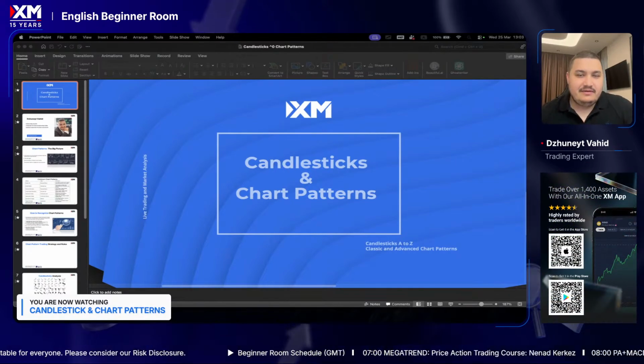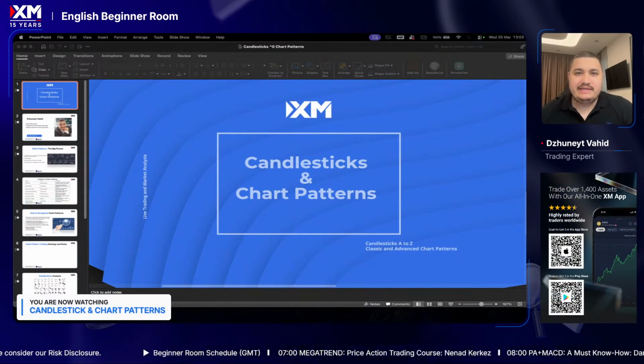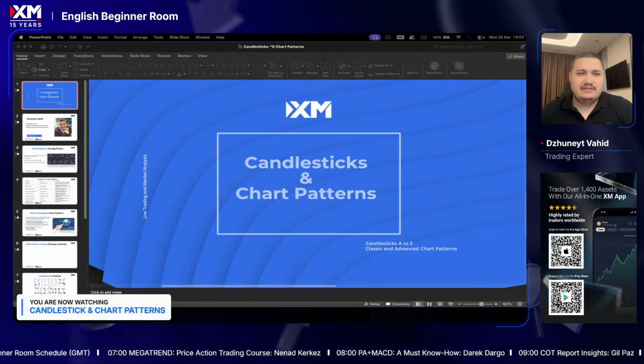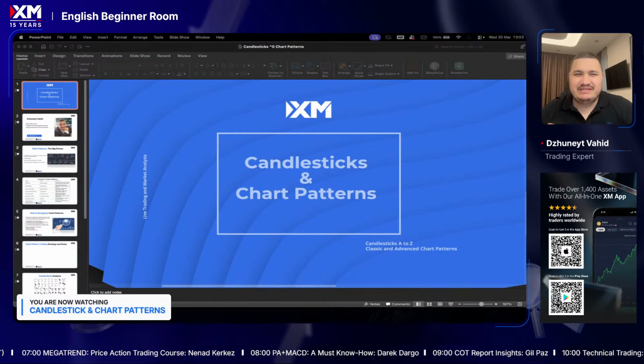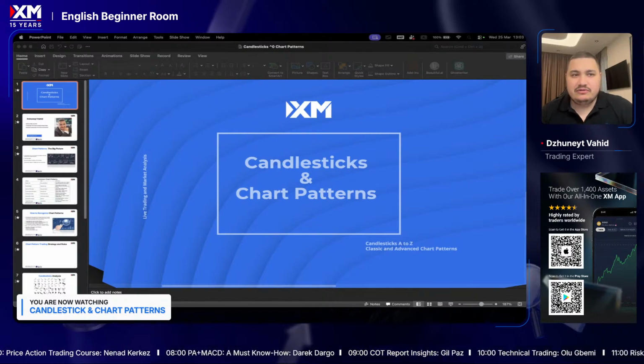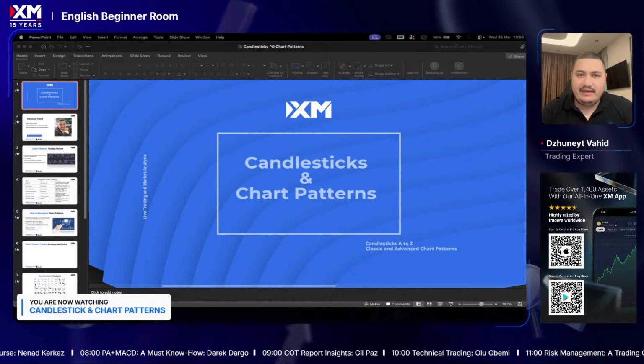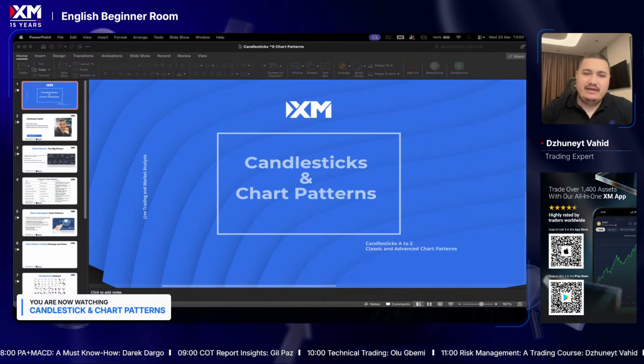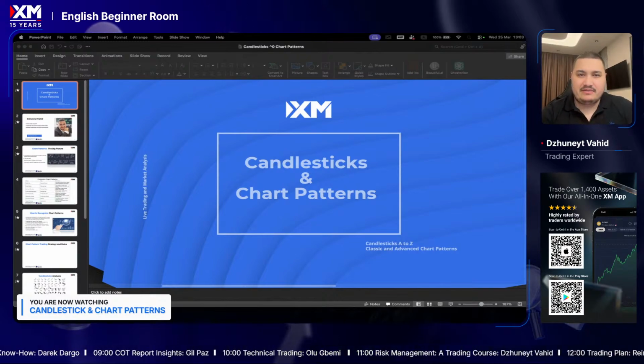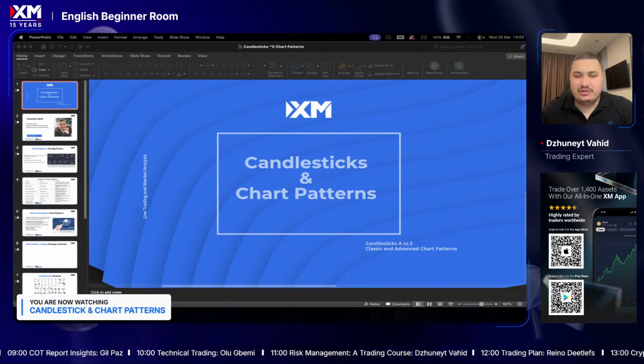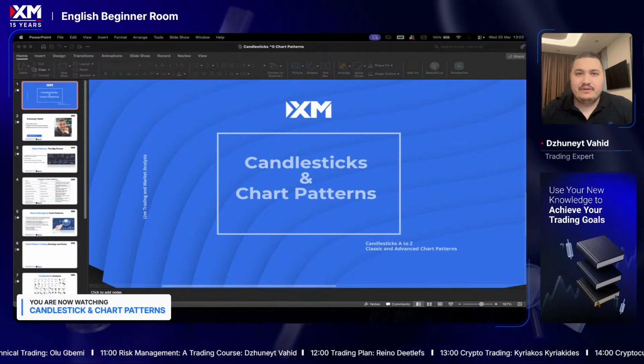And then the Western world took these candlesticks and changed the names and the understandings, simplifying them quite a lot. That's not bad, not that we don't like it, but today it's read differently in the market.